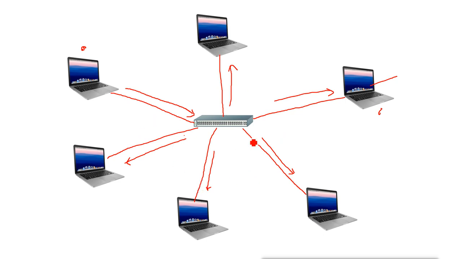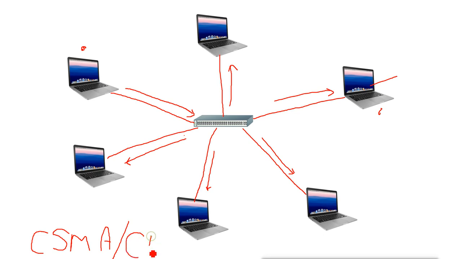Because if every device does the communication at the same time, then what happens? They will get collisions. So it uses the same technology we use in bus topology, that is CSMA, carrier sense multiple access / collision detect, because there are chances of collisions.